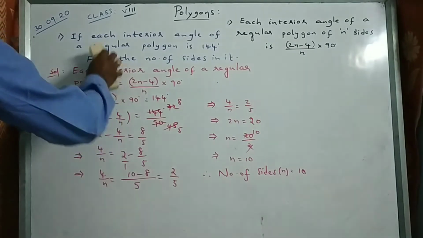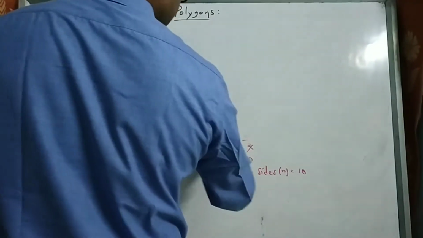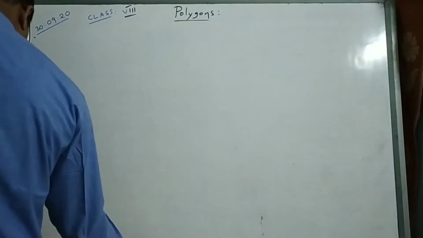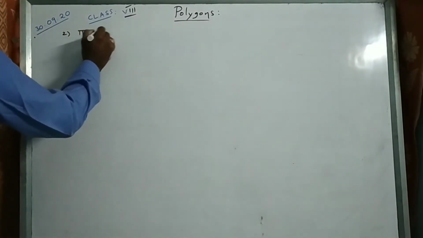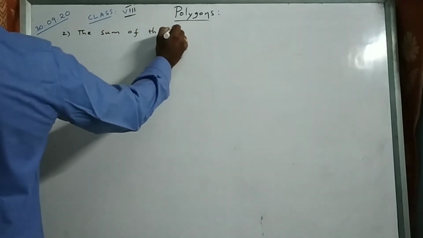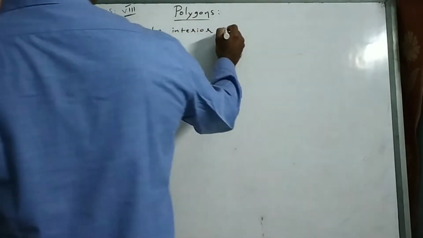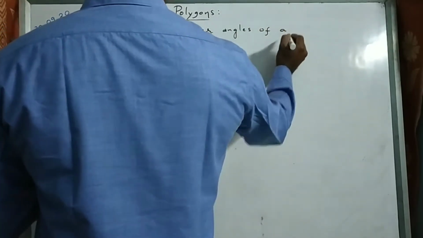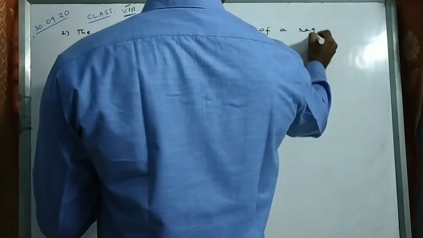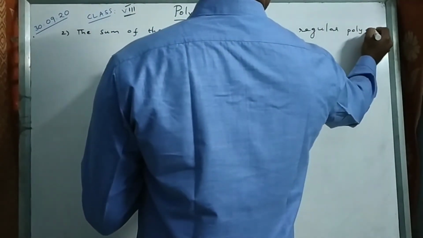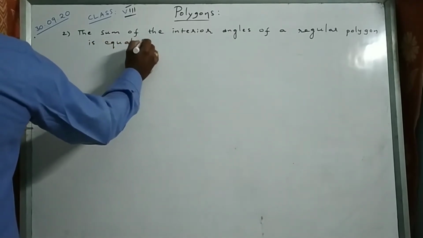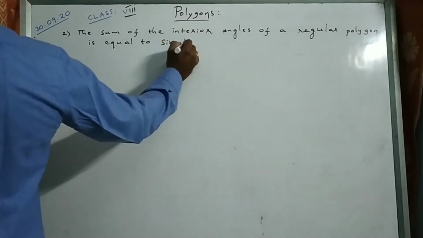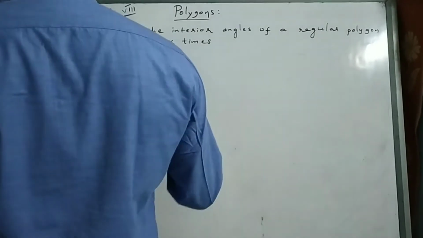Next question we will see. The sum of the interior angles of a regular polygon is equal to 6 times the sum of exterior angles.